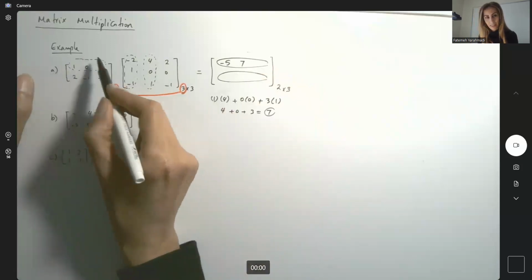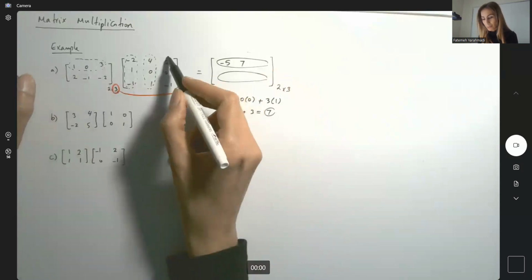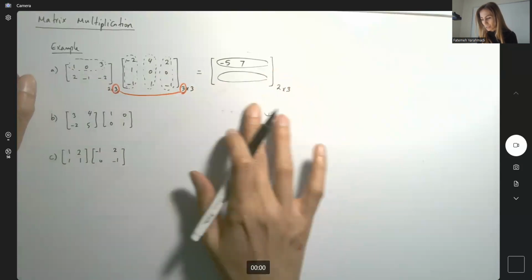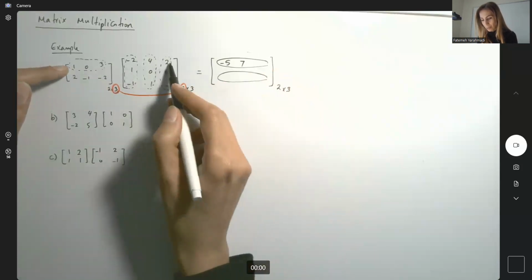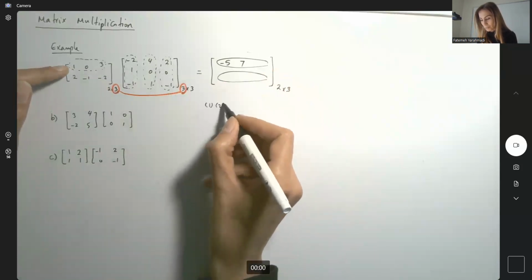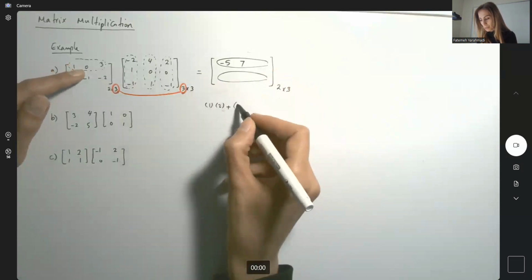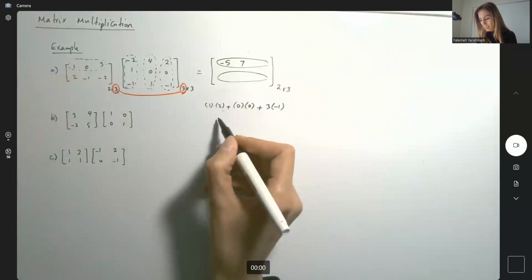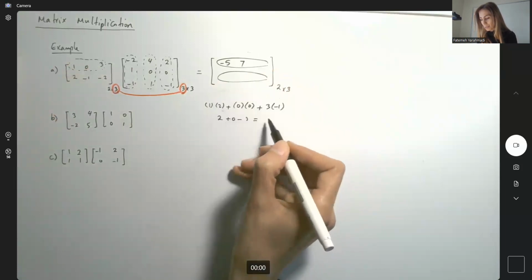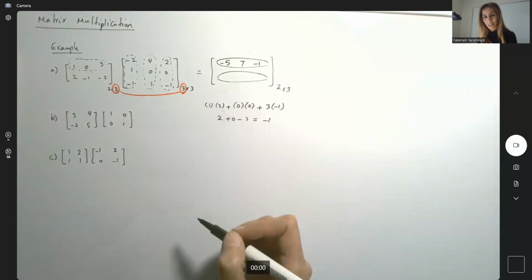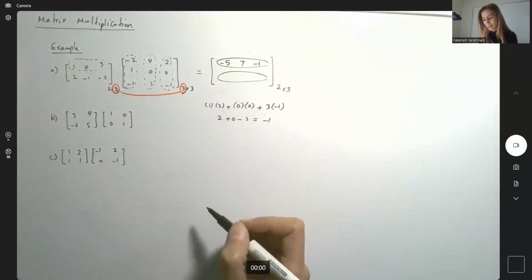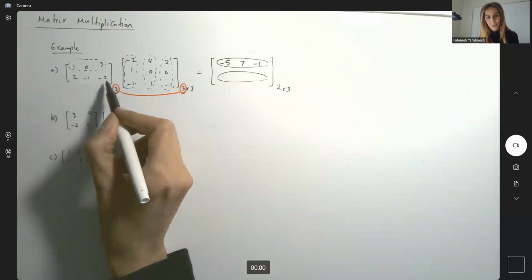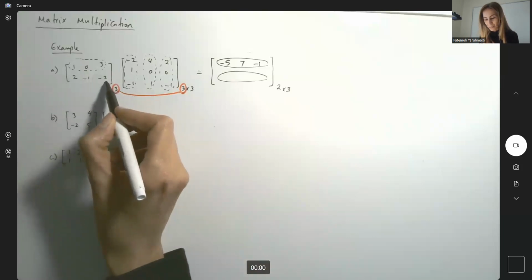Now, again, we stick to the first row, but we move to the last column, the last vector. So here we have 1 times 2 plus 0 times 0 plus 3 times -1, 2 plus 0 minus 3, which is -1. So this is your last element. Well, now we're going to move to the second row, or second vector here.